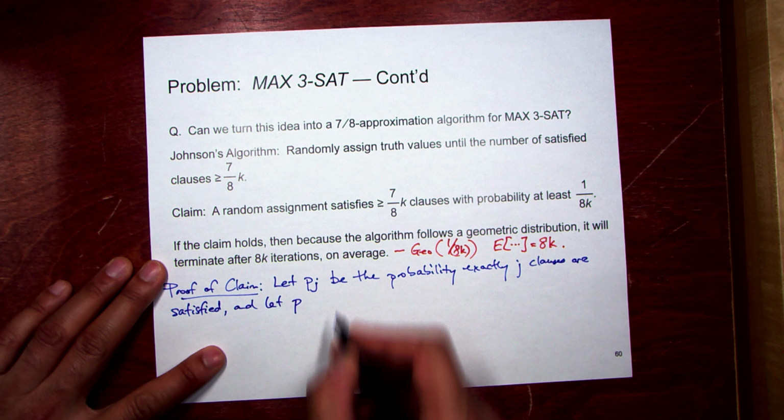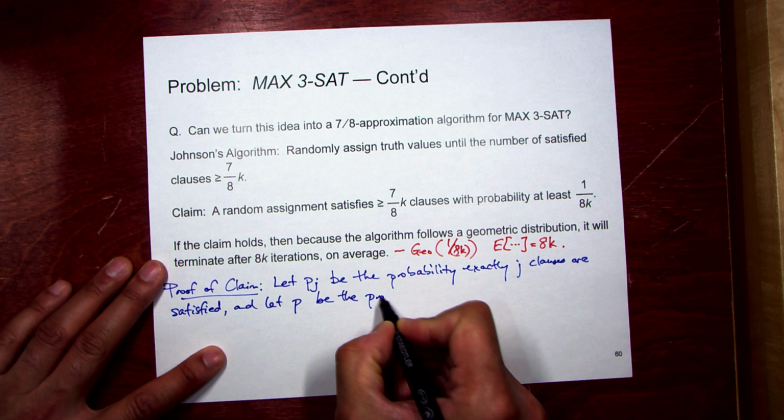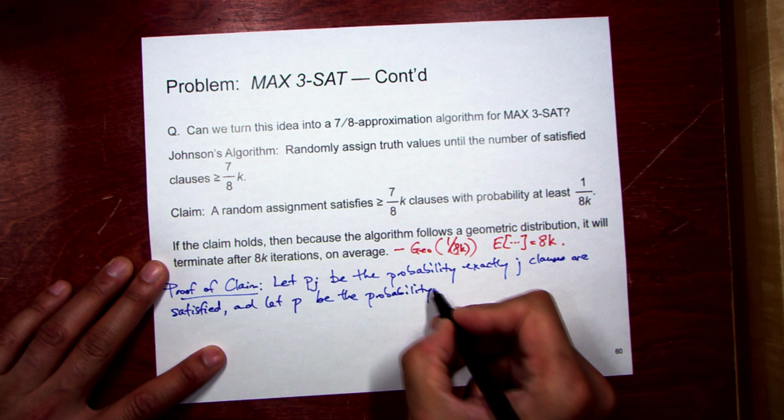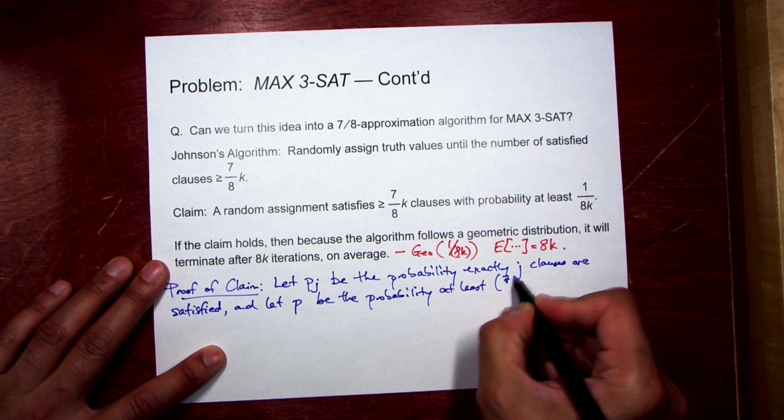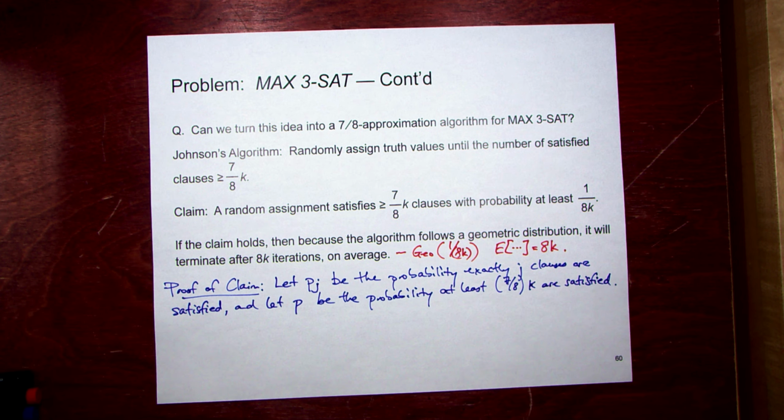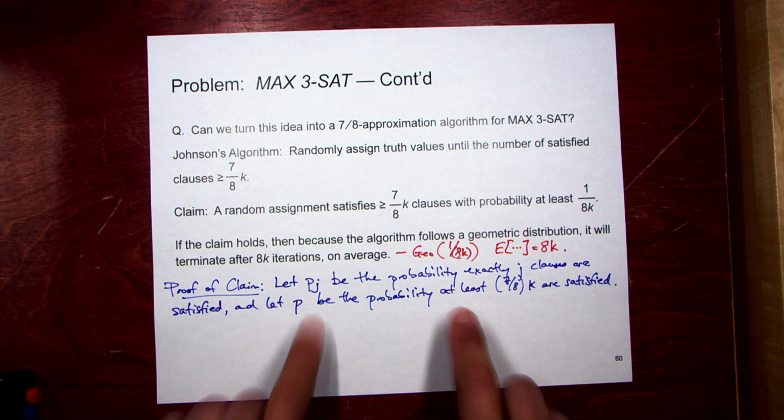And let P be the probability at least 7/8 of the clauses are satisfied. P is the thing that we're trying to solve for, because that's the probability of at least 7/8, the thing that we want.